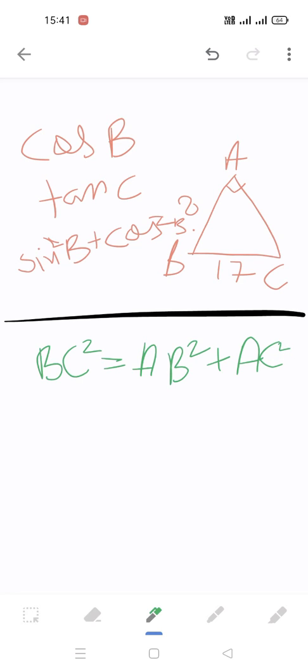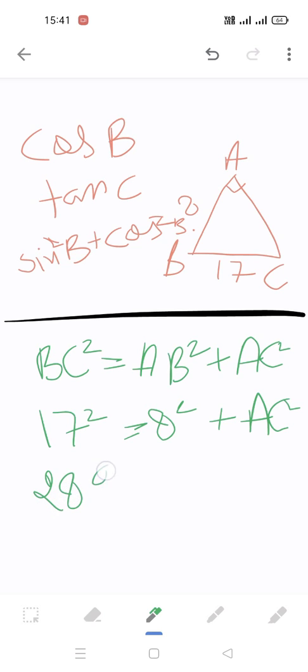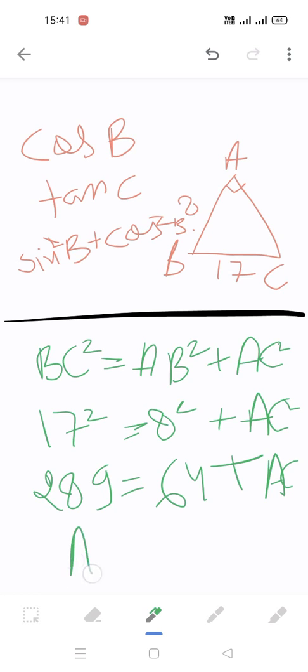So BC square is 17 square, as BC is given to you. 17 square is equal to 8 square, AB is also given to you, plus AC square. We need to find AC. So 289 is equal to 64 plus AC square. Now AC will be 15 cm. I am doing it shortly. AC will be 15 cm.